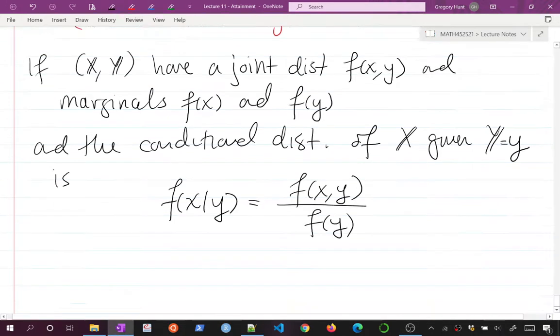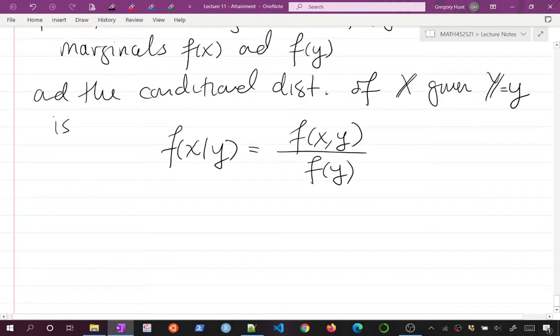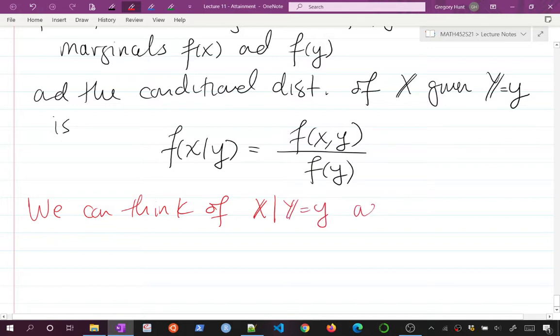Another way to think of X given Y equals little y is as a univariate random variable. My formula up here you tend to think of just as a function of x.